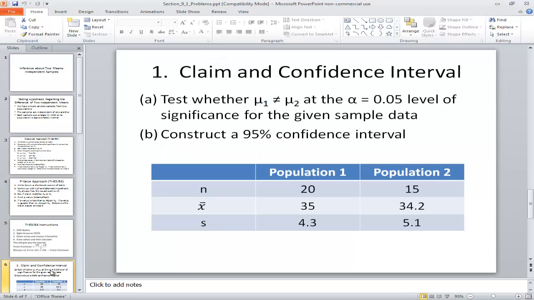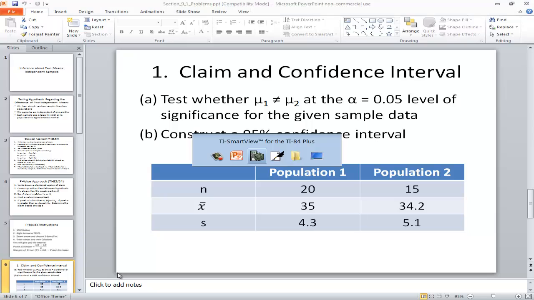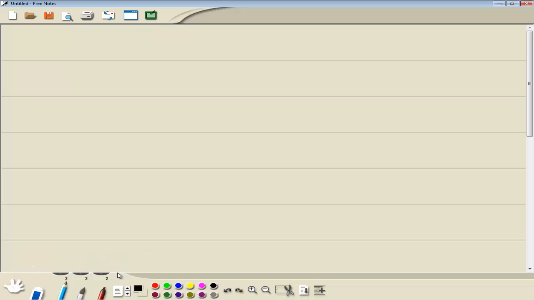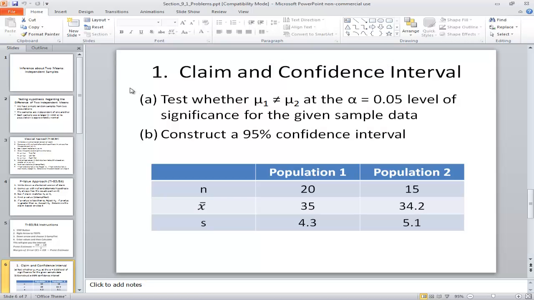And let's come down here, and we're going to test this claim. And we'll come back and do the confidence interval. So we're going to do part A here. It says test whether mu sub 1 is not equal to mu sub 2 at alpha equal to 0.05 level of significance for the given sample data.